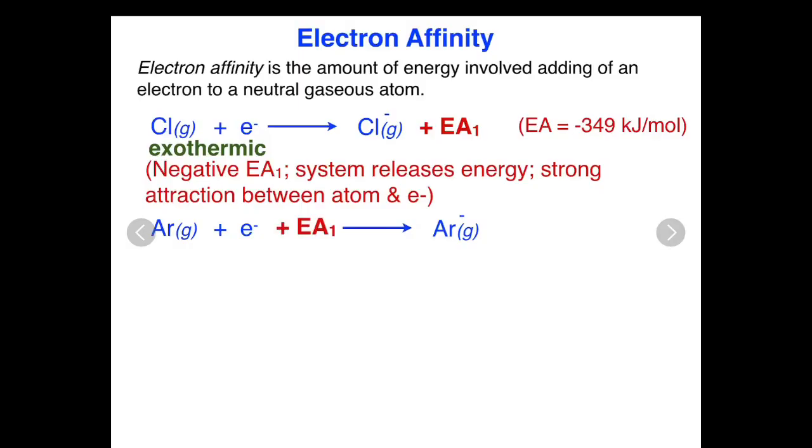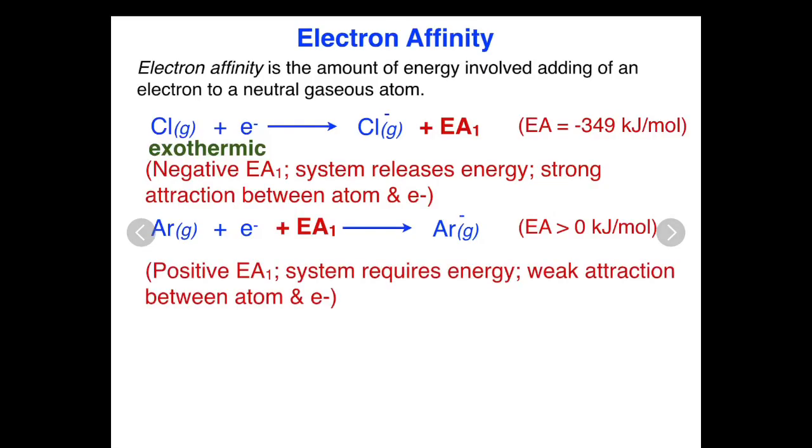Therefore, the energy involved with the first electron affinity, the first adding of an electron, is going to be a positive value, greater than 0, because the interaction between argon and the electron is weak, since argon doesn't want to accept any more electrons. So this process would be endothermic.